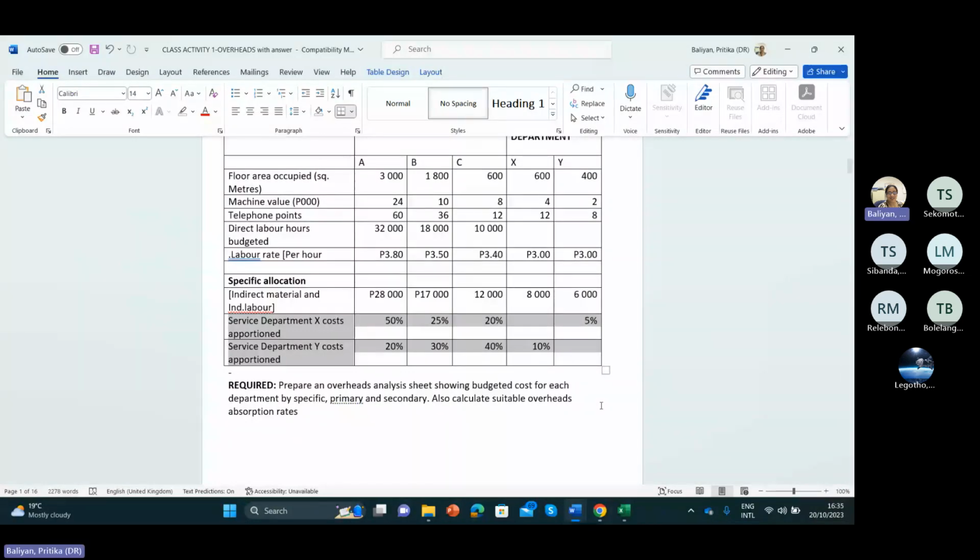The service department X costs are rendered in this percentage: 50%, 25%, 20%, and 5%. And service department Y costs are also apportioned in the ratio.